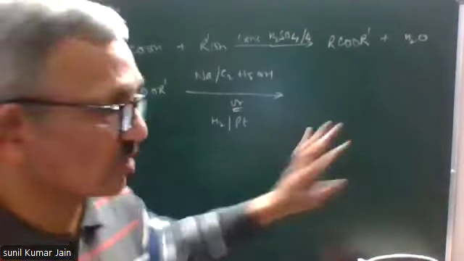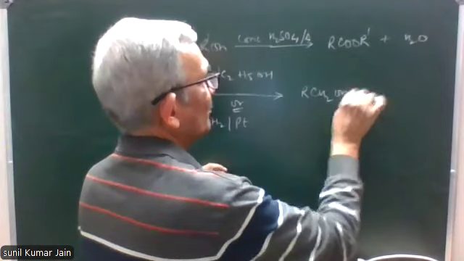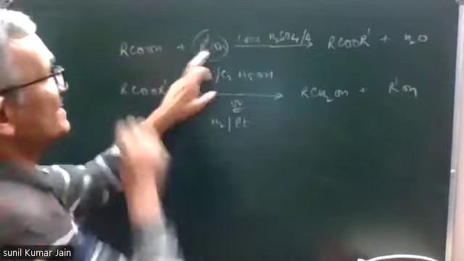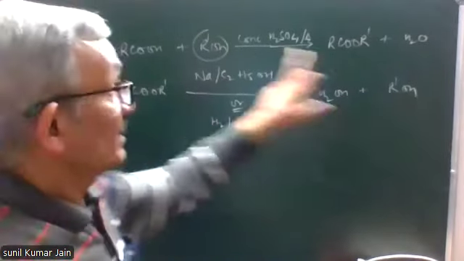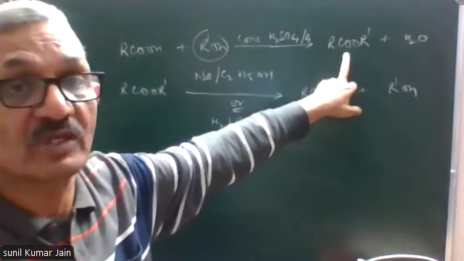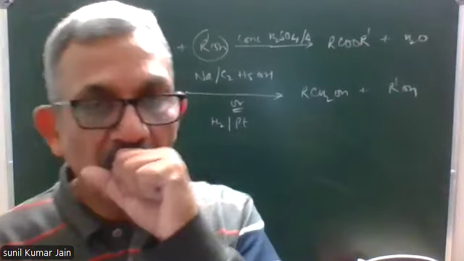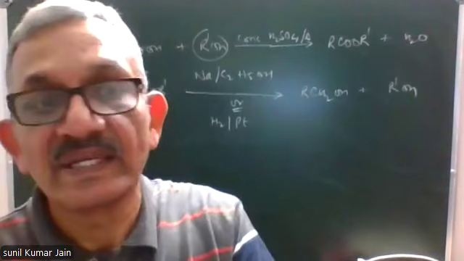So this will reduce the cost. Will give primary alcohol. This alcohol will be regenerated, right? This alcohol used for the preparation of ester, this will be regenerated. Next method.